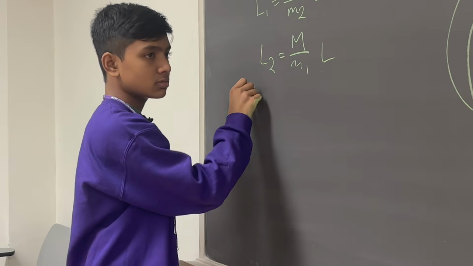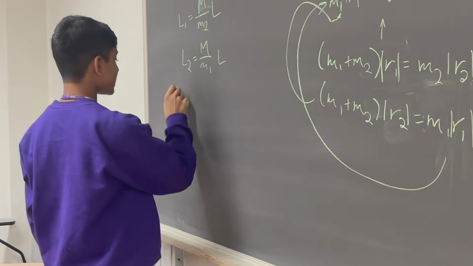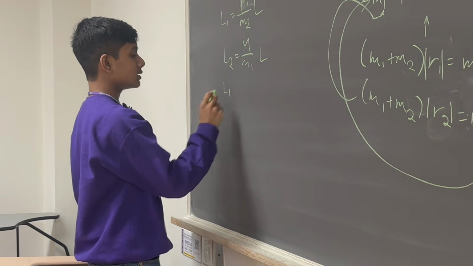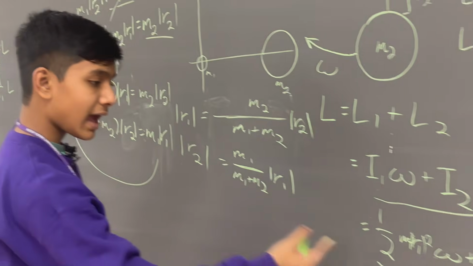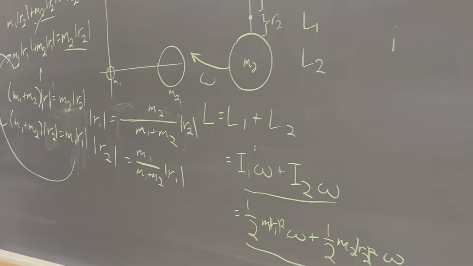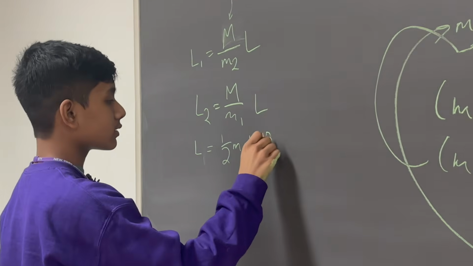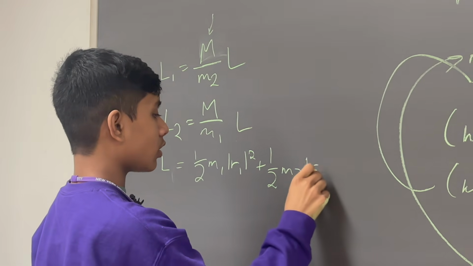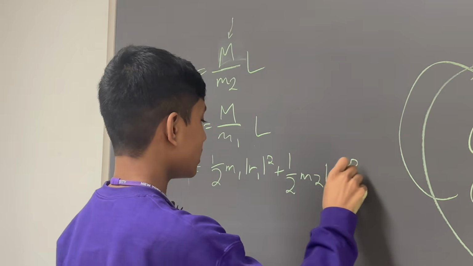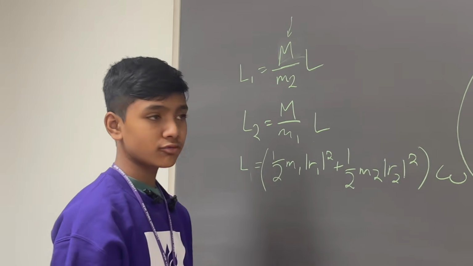So, how do we go about doing that? Well, let's think about what L1 is. L is equal to what? Half m1 r1 squared plus half m2 r2 squared multiplied by a giant omega on the outside, right?